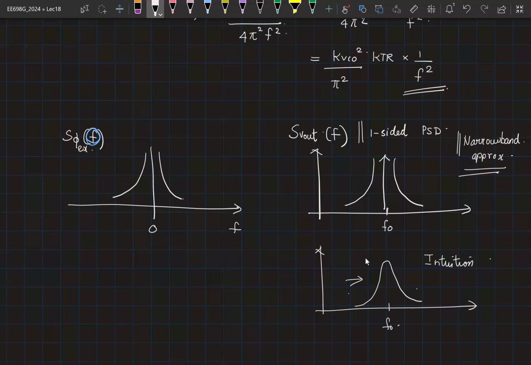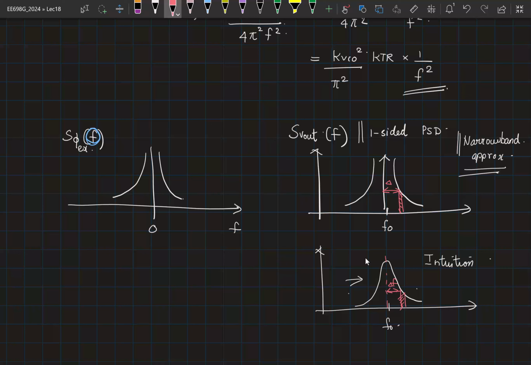So it's not that the narrowband FM approximation is completely useless. For delta f's greater than a couple of hundred hertz, both these plots are similar. If I look at the power here for the same delta f, the results will match.